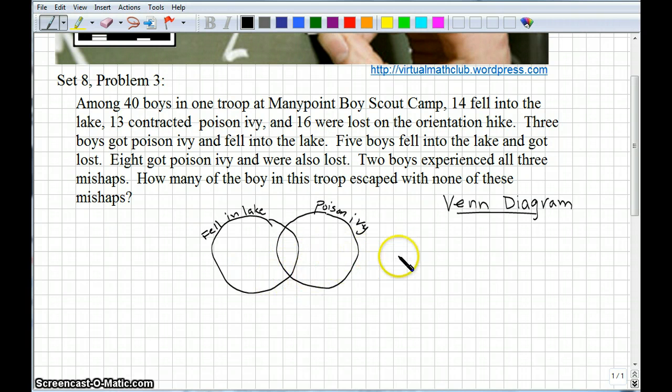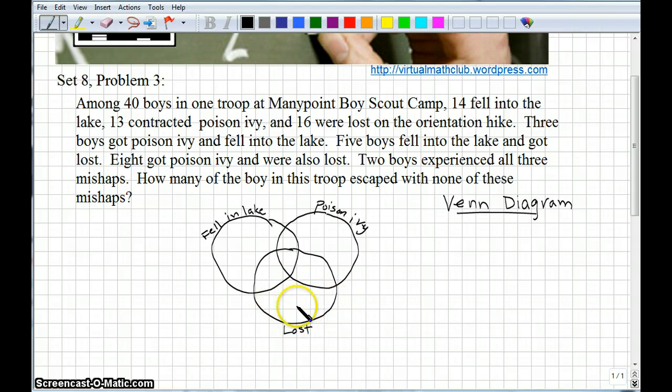But we've also got one more mishap. Some of these boys got lost on the orientation hike. So let's draw another circle overlapping with these two, and this circle will represent all those boys who got lost.